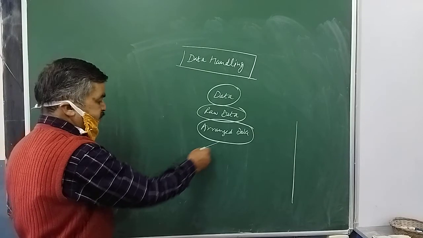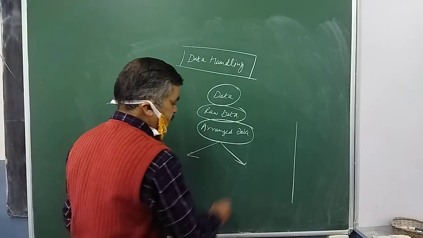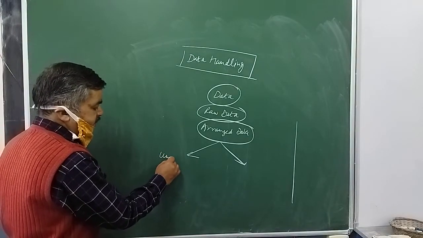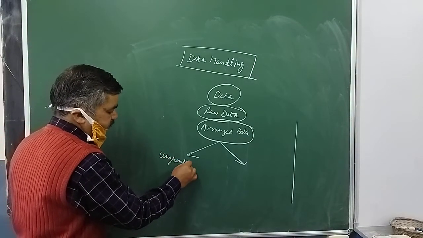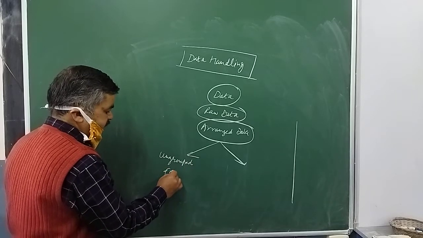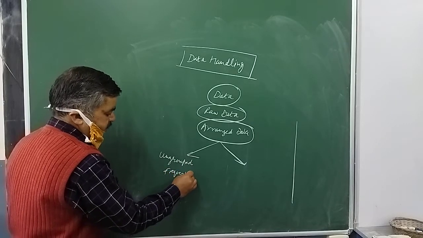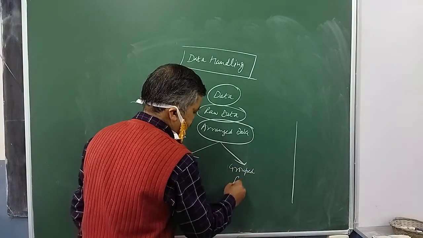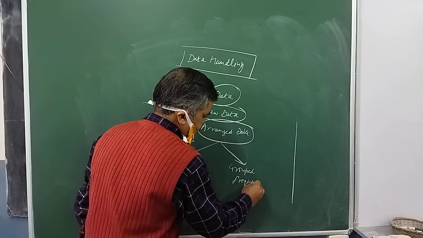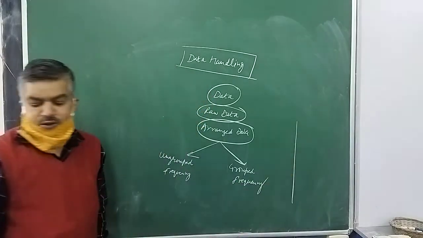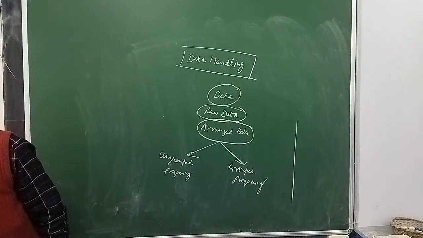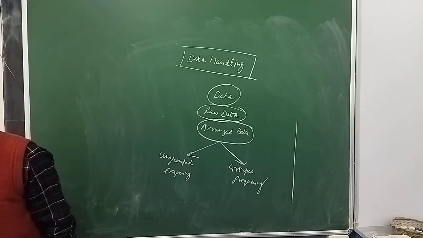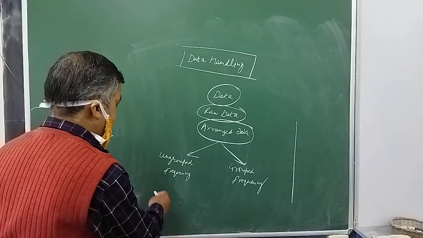Now there are two types of this: ungrouped frequency distribution or grouped frequency distribution.